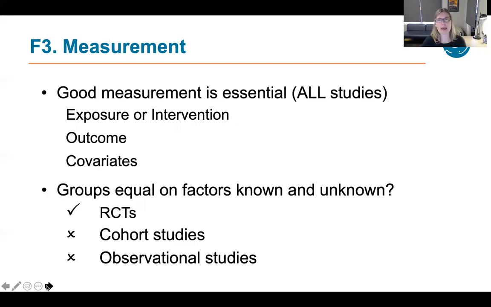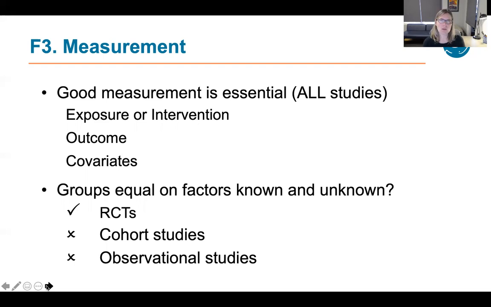You want to make sure that they haven't already had the outcome that you're studying when you start your study. As with all studies, good measurement is really critical, both of your exposure and your outcome, as well as other covariates. One of the biggest differences between RCTs and cohort studies is that in cohort studies, we don't know that individuals are similar on all characteristics except the exposure.